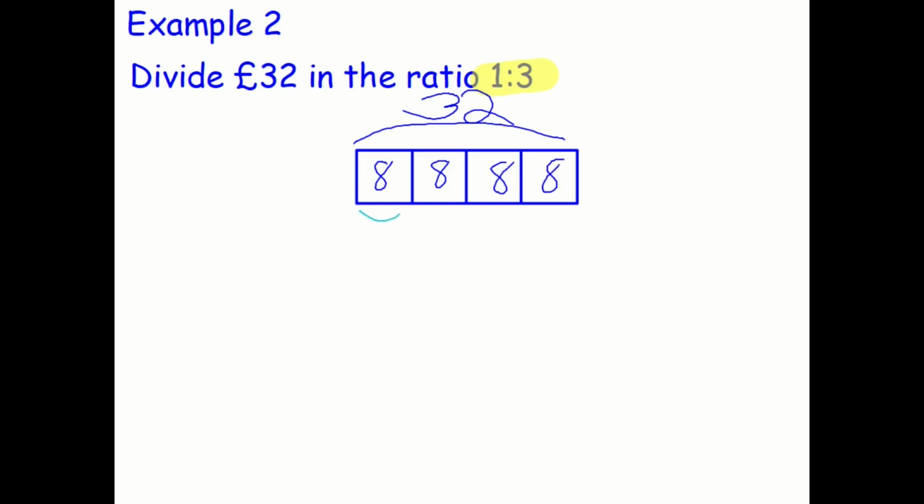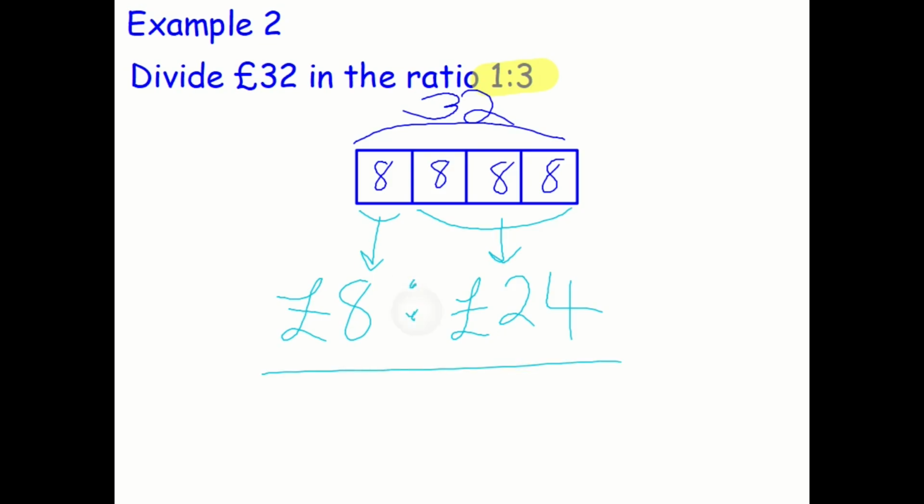So 1 part is £8 and 3 parts is £24. So if I'm dividing £32 in the ratio 1 to 3, my final answer is 8 to 24. And again, you can check your work by seeing that 8 plus 24 adds back up to your total of 32.